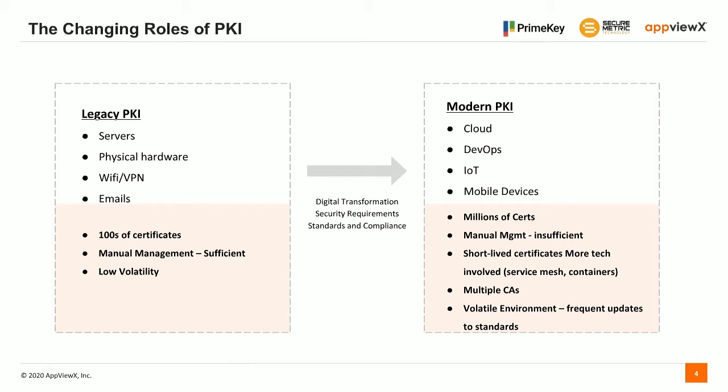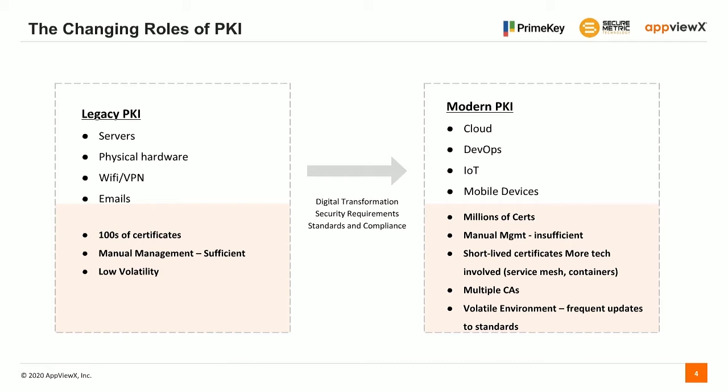So today let's look at how PKI has changed over the years, right? PKI as a technology hasn't changed much over the past few decades, but the application of it has changed quite a bit. If you look at the legacy PKI deployments, they were consumed by servers for SSL and TLS authentication.